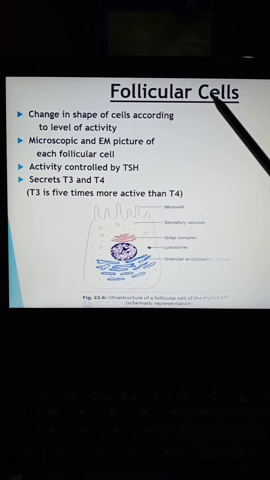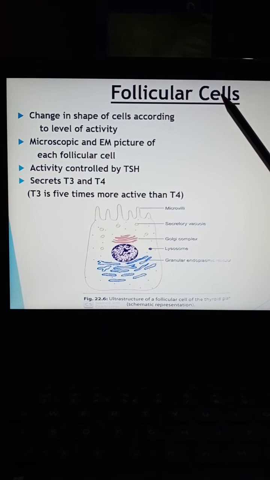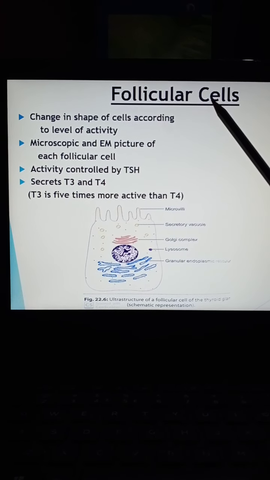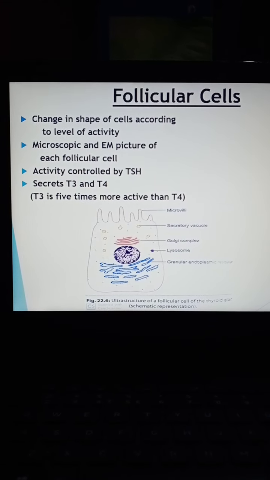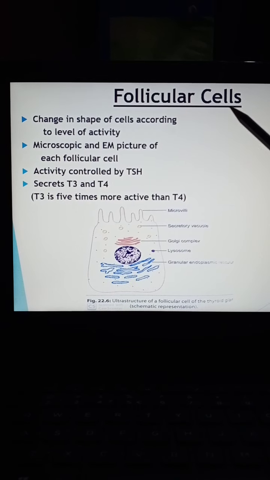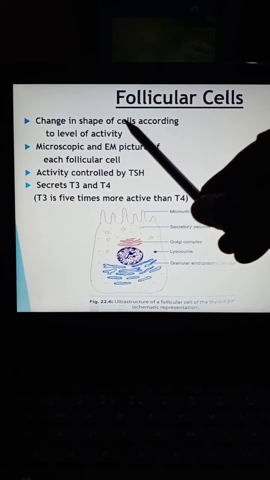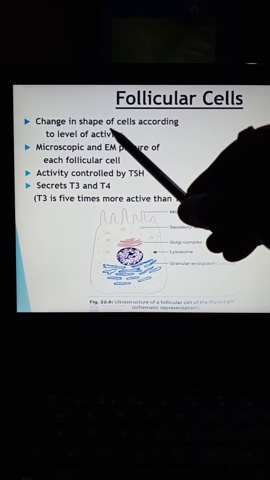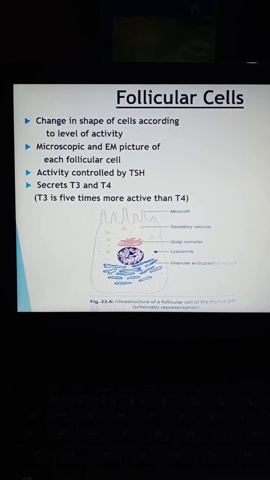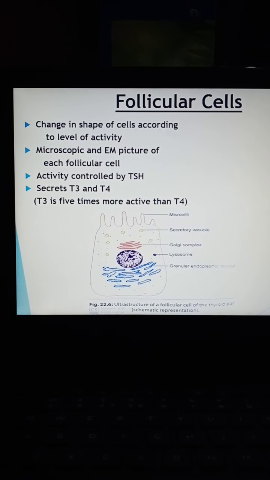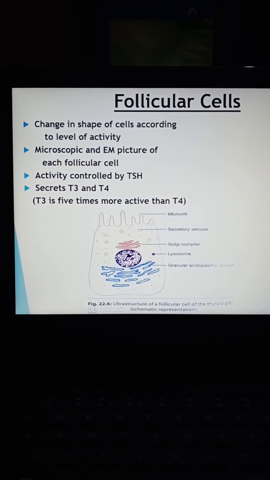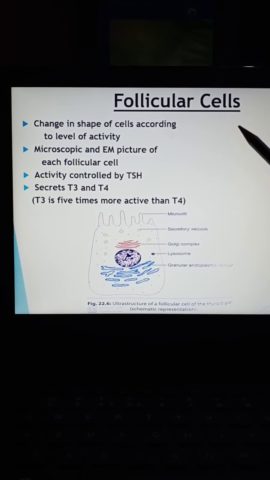Now about follicular cells. These follicular cells are very special in our body because they change in shape according to the level of activity. In any other organ of our body, the shape of the cells is constant.